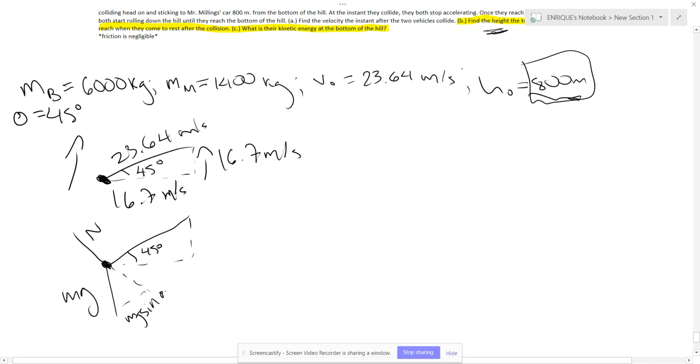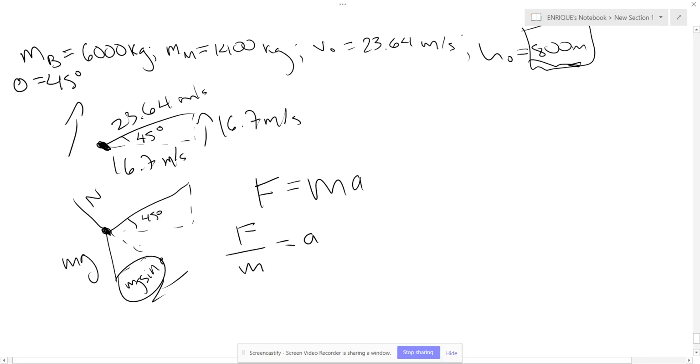From this, we can see that it is actually the component along the slope which is going to slow down the car, right? So this component right here is working that way to get the car to go down to the ground. So this is actually going to be our force. And we know a nice equation to get our acceleration: F equals ma, isolate the acceleration.